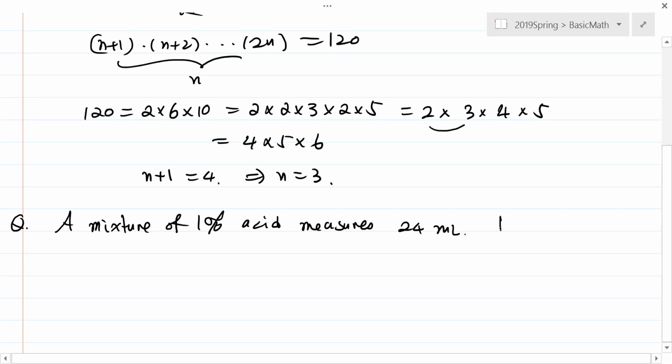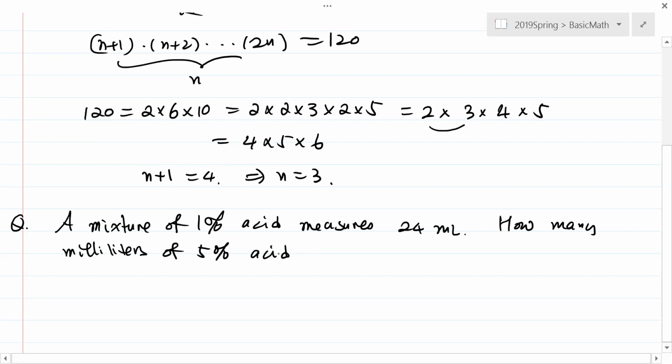Then the question is, how many milliliters of 5% must be added to change the mixture to 4%? So you're going to increase the concentration to 4%.